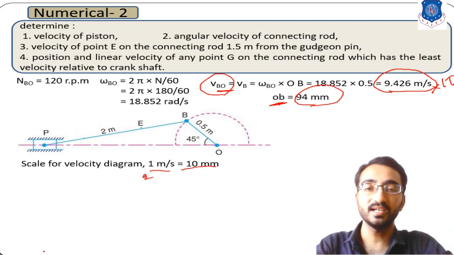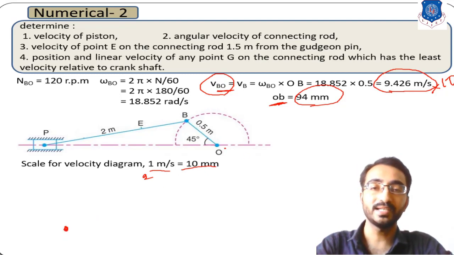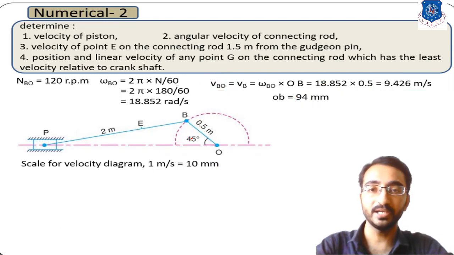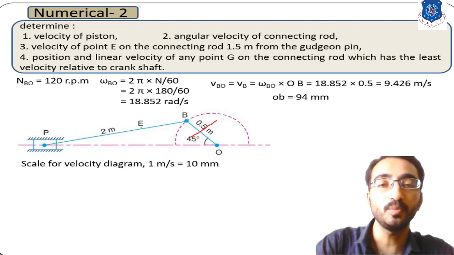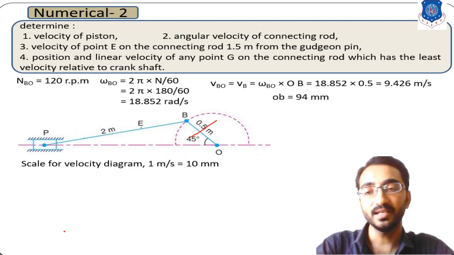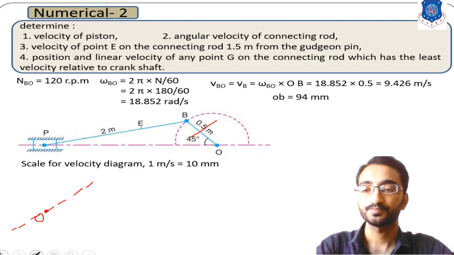So let's first consider point O over here, that is your fixation point. Now the velocity of crank OB will be perpendicular to the line joining OB. So if you consider that the perpendicular line to OB is sketched in this way, then if you consider point O over here, the line may be sketched in this way.